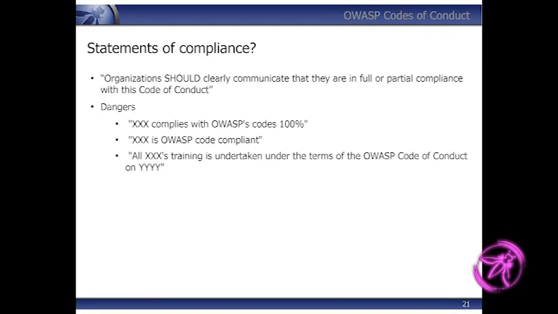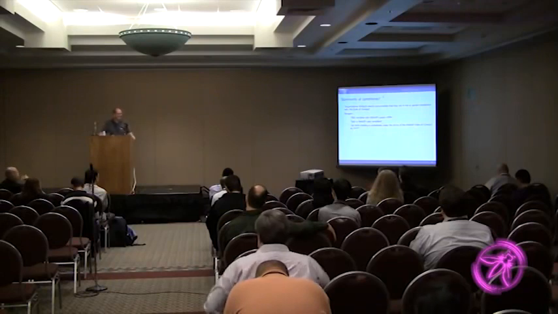Someone might think that actually means that they've done everything in the developer guide, the testing guide, covered everything in the OWASP Top 10, and 11 to 99 potentially that aren't quite listed in the Top 10 guide. And because we've got the word code in there, codes of conduct, there is this danger someone says it's "OWASP code compliant", and of course there are different meanings there that we have to be very careful about.